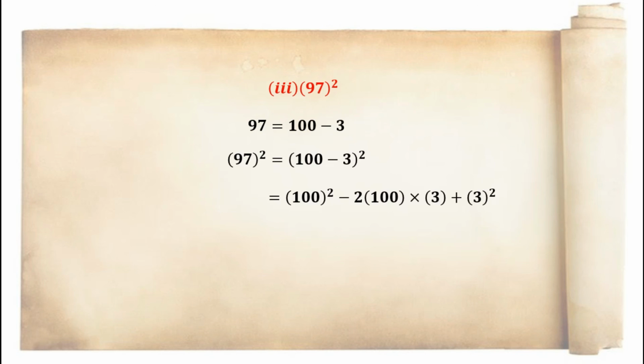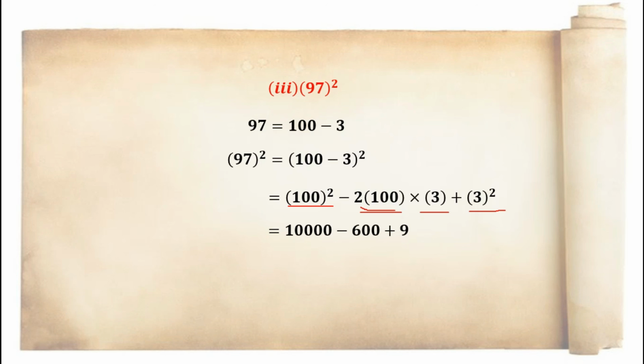And you see here that 100 raised to 2 minus 2 into 100 into 3 plus 3 raised to 2. 100 raised to 2 means 10,000, and 2 into 100 into 3 will be 600, and 3 raised to 2 will be 9.